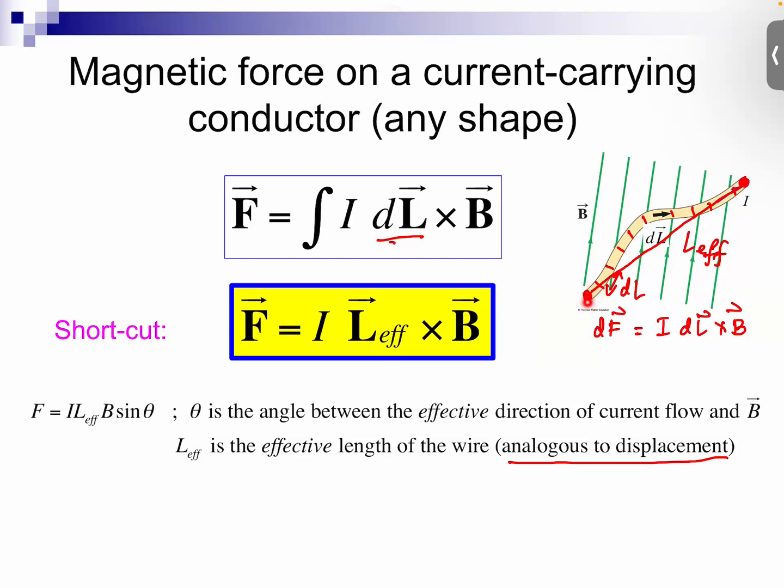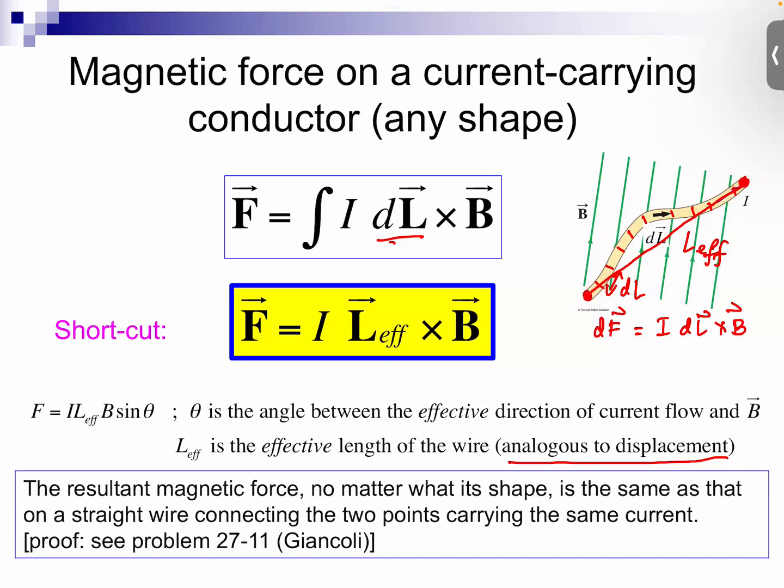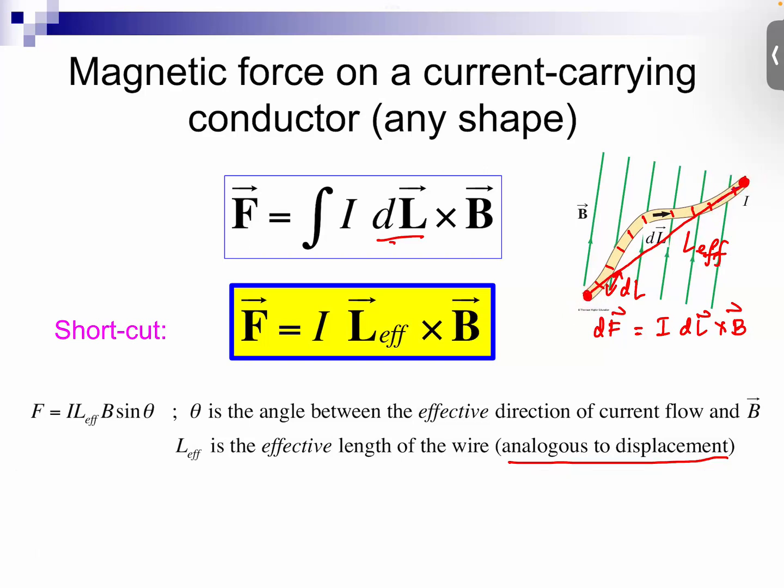You're just considering a starting point and an ending point. Connect those 2 points with a straight line. The length of that straight line will give you the effective length, and use that effective length to calculate the magnetic force in the same way that you calculated the magnetic force of a straight wire.